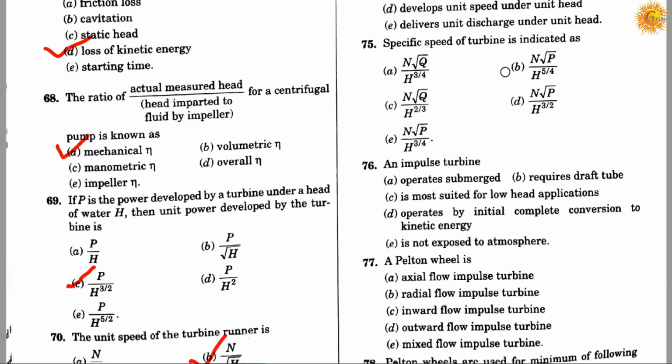Correct answer is B. It will be N under root P divided by H power 5 by 4.